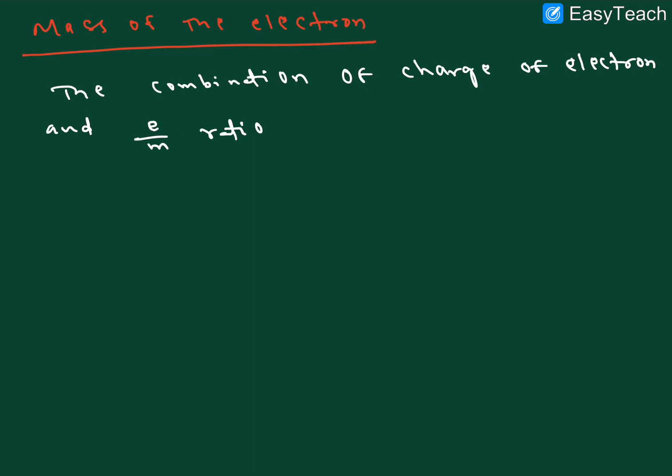What is the charge of electron? It is determined by the Millikan oil drop experiment. In Millikan's oil drop experiment, they found the charge of electron.